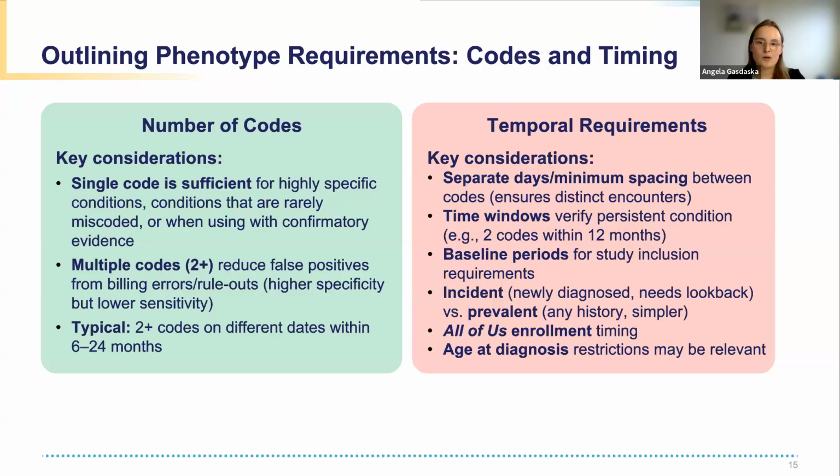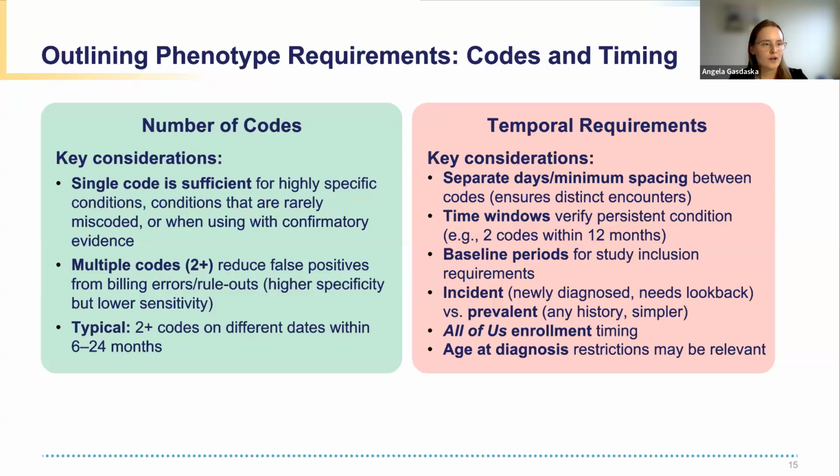I think there's also importance in understanding the difference between incident and prevalent cases and what your study requires. Incident cases typically require a clean look back period to confirm there were no prior diagnoses, where prevalent is a little bit more flexible in what to require.